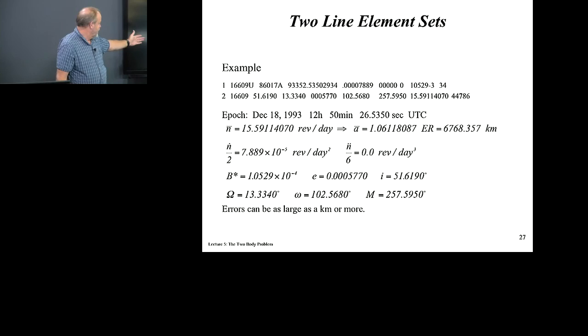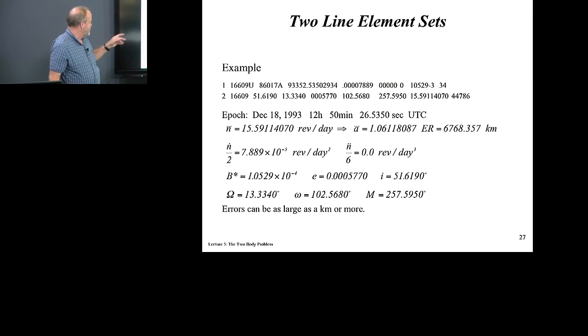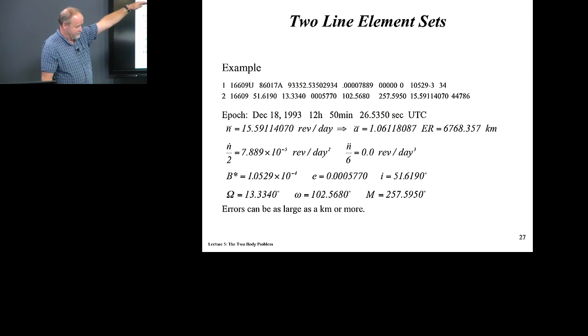So your prediction with these two-line elements would be going this way, then the orbit after the maneuver is going that way, and so you've got to pay attention to that. As I recall, these tend to be updated by NORAD every couple of hours, roughly, and it depends on how often they get tracking data. But if there's a maneuver within those couple hours, then you could be off by quite a bit.